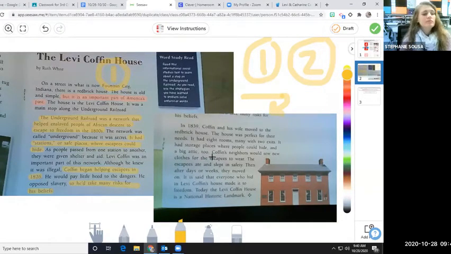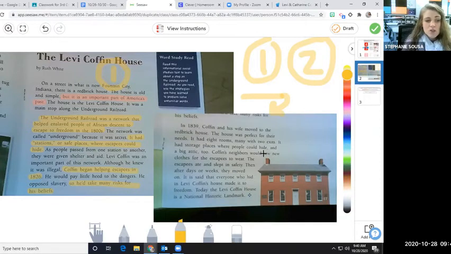Okay? In 1839, Coffin and his wife moved to the red brick house. The house was perfect for their needs. It had 8 rooms, many with 2 exits. It had storage places where people could hide, and a big attic too.